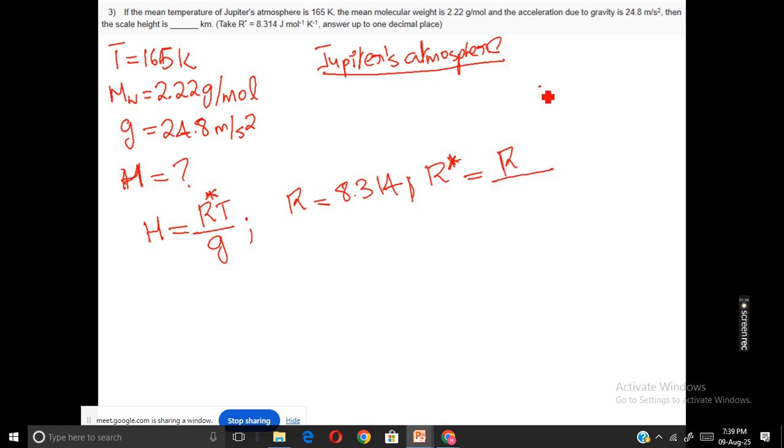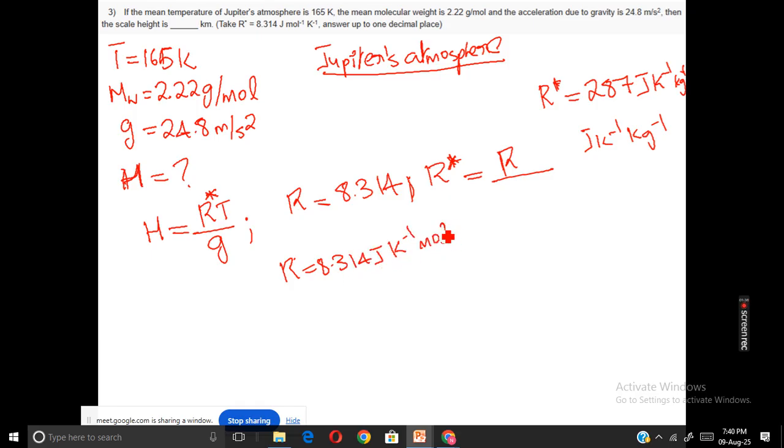In the case of Earth, we know the value of R star is 287 joule Kelvin inverse kilogram inverse. In order to substitute in this equation, the unit of R star should be joule Kelvin inverse kilogram inverse. The unit of 8.314 is joule Kelvin inverse mole inverse.